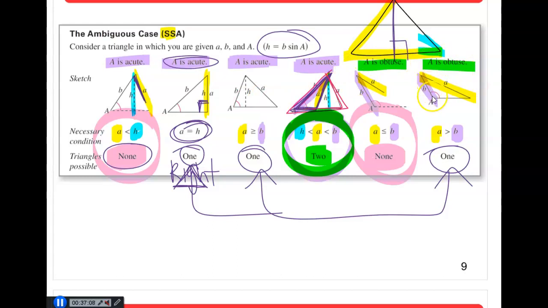So here A is obtuse because it's more than 90 degrees. And the triangle that we have here is still a right triangle. So I was right about that, but confused about the word acute, that of the notation.